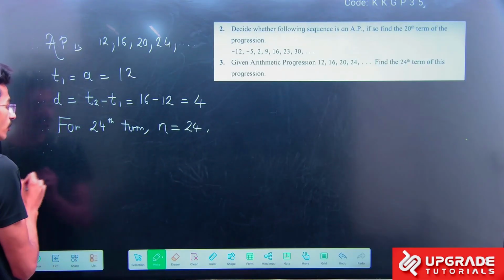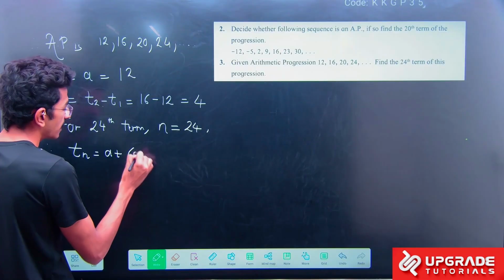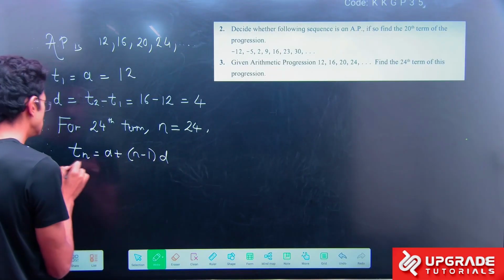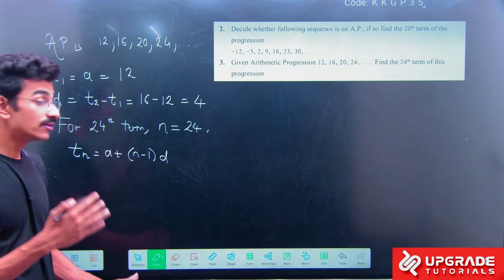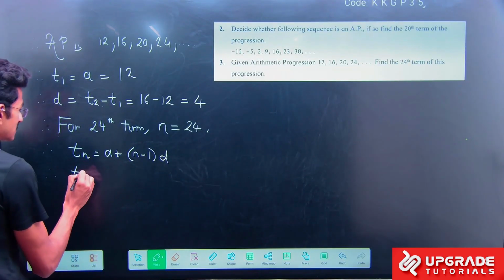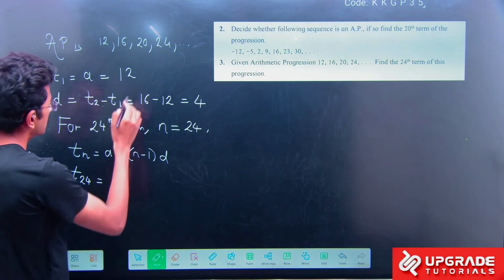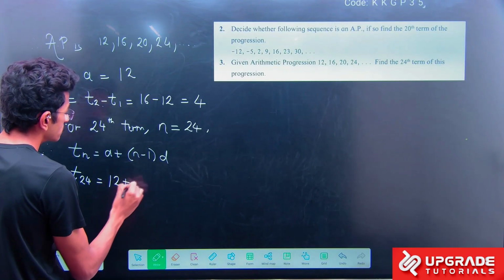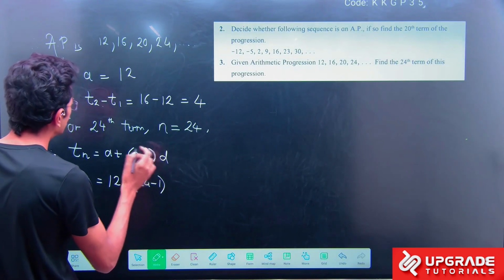Therefore, we will write the formula Tn is equal to A plus n minus 1 into D. Just write systematically, step by step, which means you will get extra marks. The value of n is 24. What is the value of A? A is nothing but 12. Plus, what is the value of n? N is nothing but 24 minus 1. And what is the value of D?